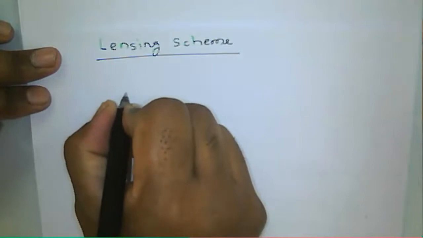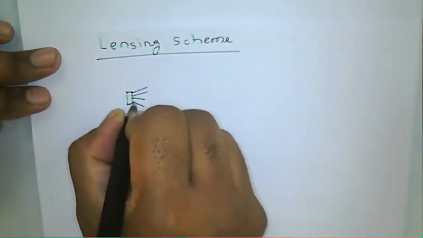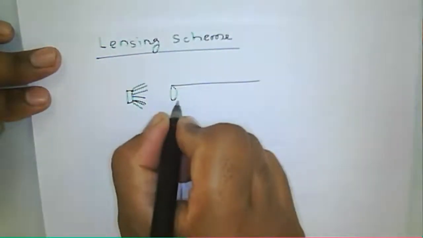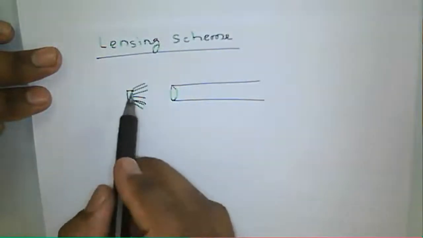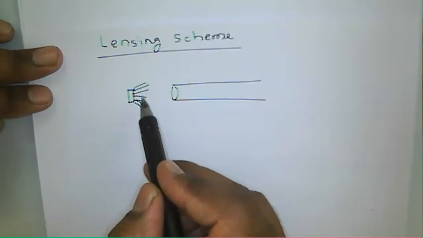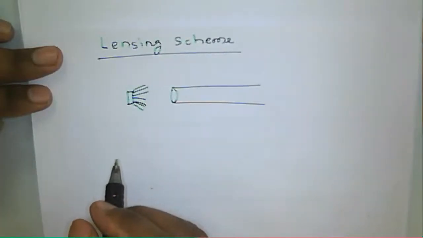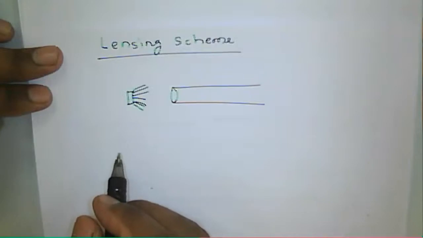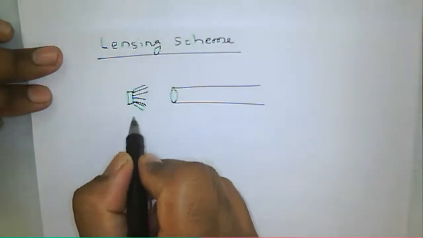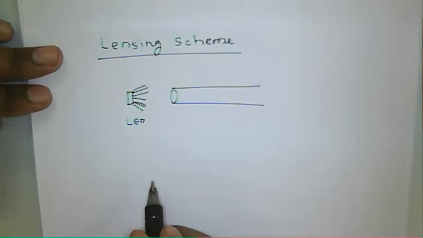So we say that a given source emits light, and we have an optical fiber that is used to connect directly to the source, or we have a fly lead built in, and then it connects to the fiber. Now, what will be the emission area of this particular source, whether it is LED or laser?